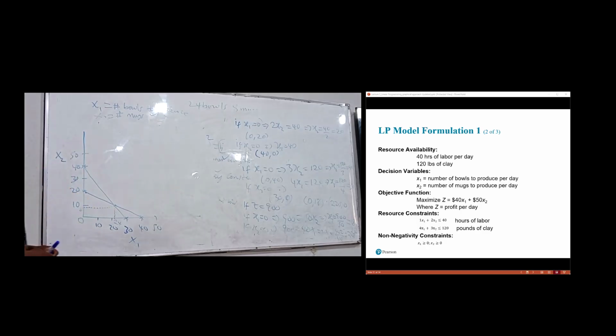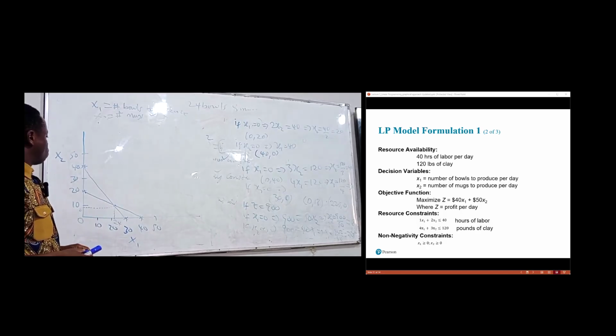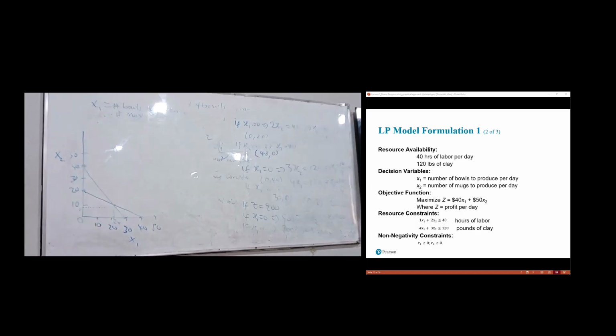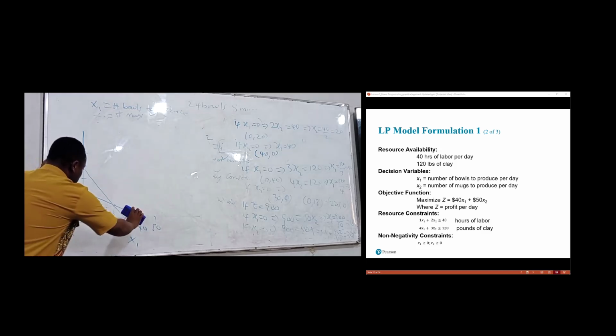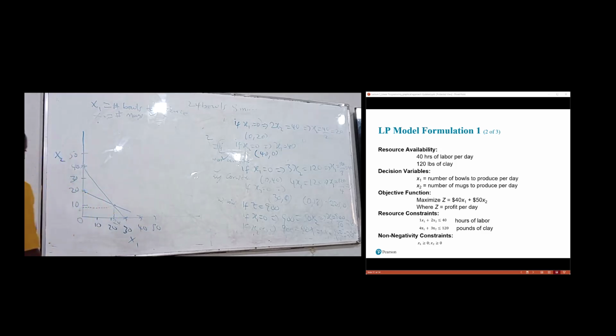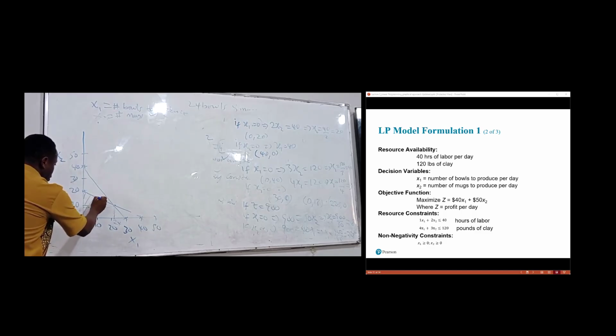If we trace it well, and the graph is correct, this is how it's supposed to be at the intersection. The feasible solution, as I said, is the region below the intersection. So let me shape the feasible area. This is called the feasible region.